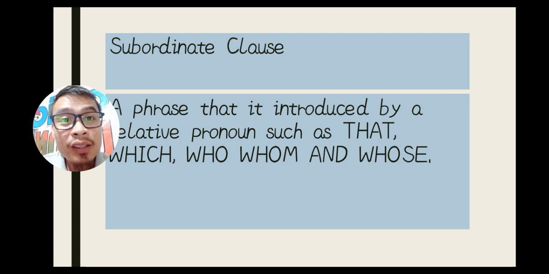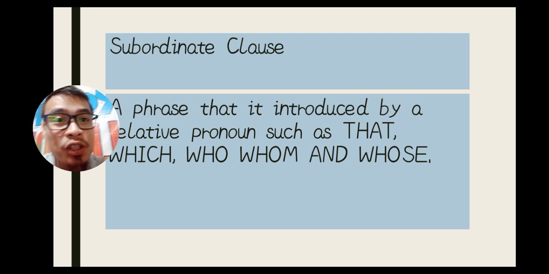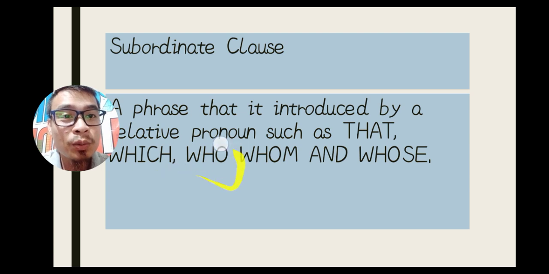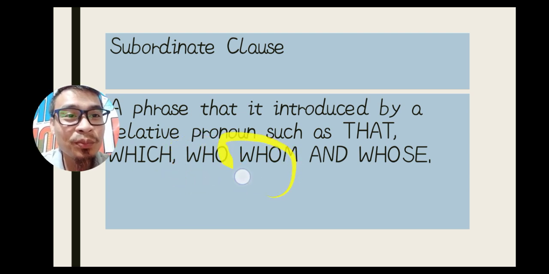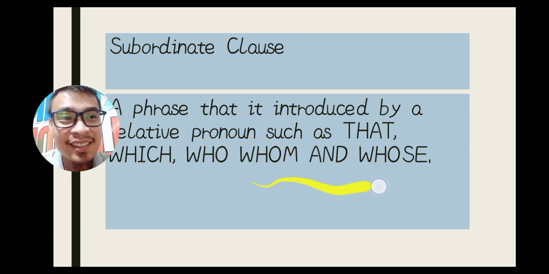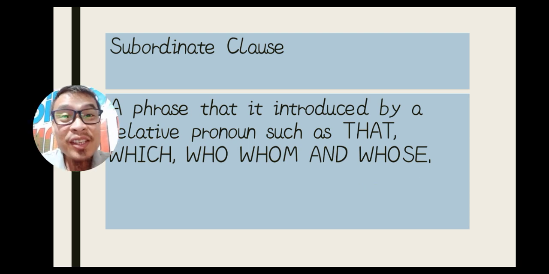While subordinate clause is a phrase that is introduced by a relative pronoun. So our indicators in here are relative pronouns, such as that, which, who, whom, and whose. So these are relative pronouns.